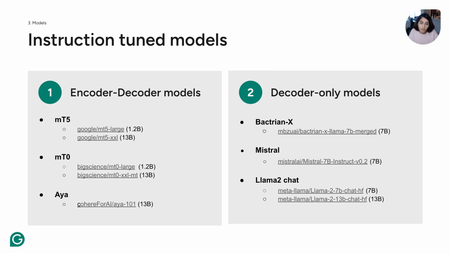For the decoder-only models, we've considered Bactrian, which is a set of low-rank adapters trained using LoRA, built on top of Llama, followed by Mistral's model, as well as full-scale fine-tuning of the Llama 2 models released by Meta.